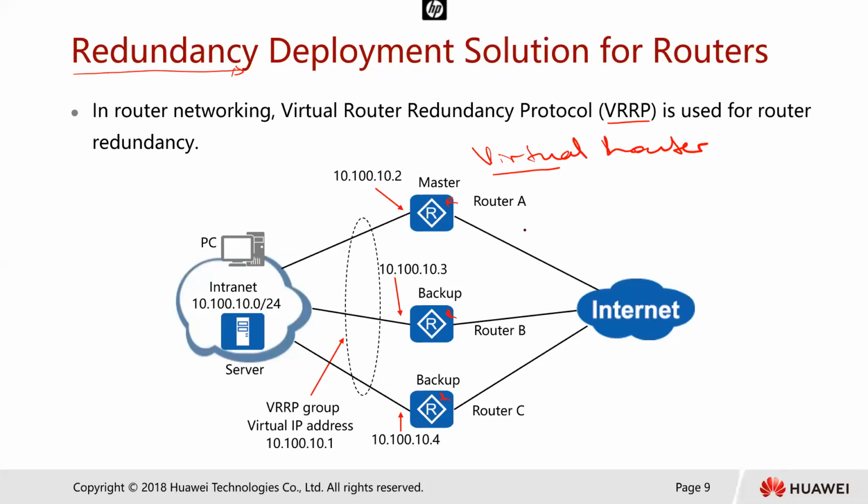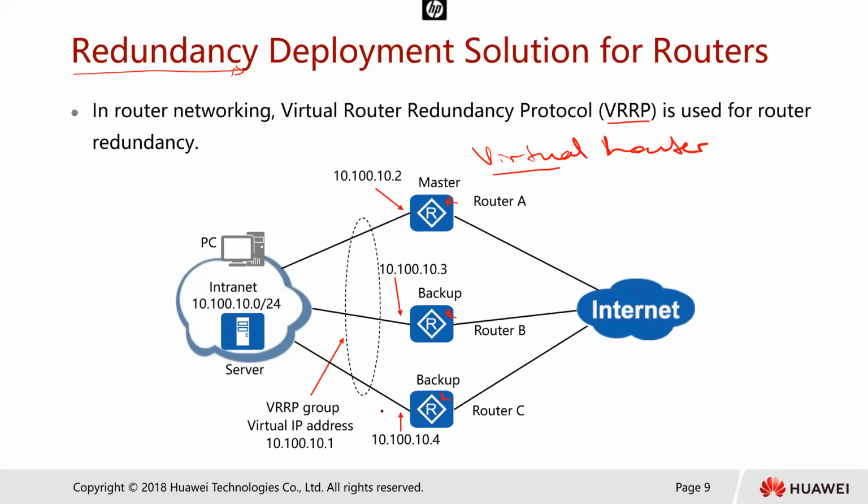All the routers in the group provide a virtual IP address as the gateway address for the intranet. So we have our group, we have our routers inside, and it forms one virtual router.